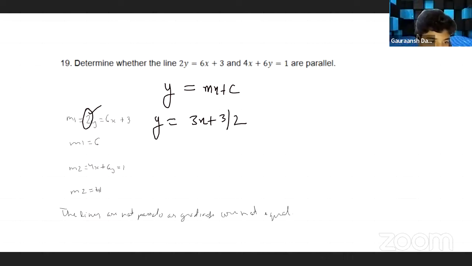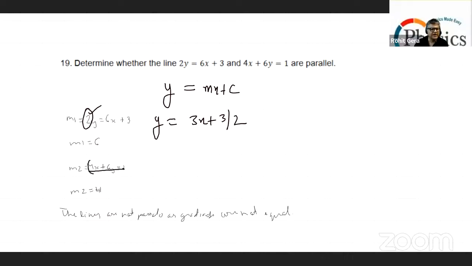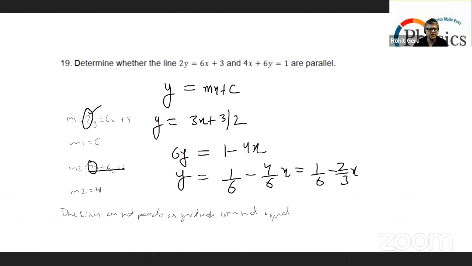You have just blindly used this. Whereas you should have done 6y is equal to 1 minus 4x, and y is equal to 1 by 6 minus 4 by 6x, which is 1 by 6 minus 2 by 3x. So this is your gradient, minus 2 by 3.